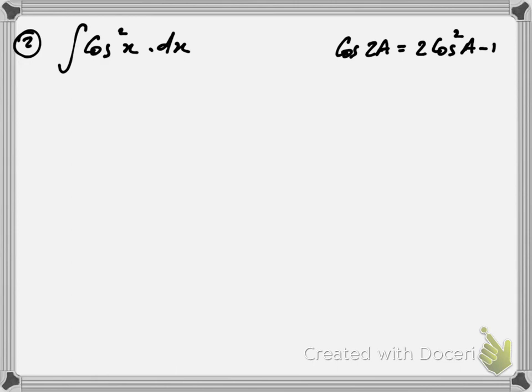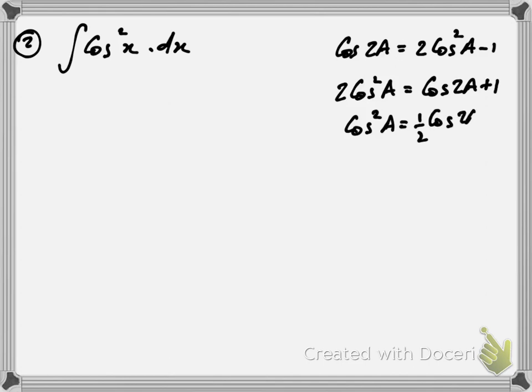We end up with 2 cos squared a equals cos 2a plus 1. I'm moving the 1 and then dividing by 2 or multiplying by half on both sides. I end up with cos squared a equals a half, cos 2a plus 1, and I can put all that in a bracket if I want to, just to make it correct.